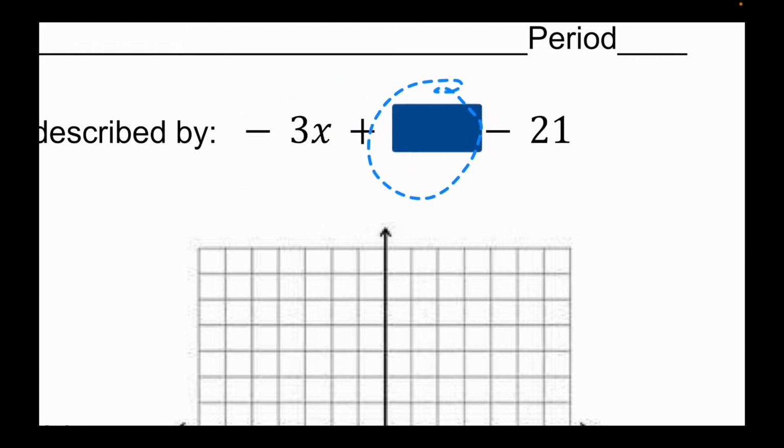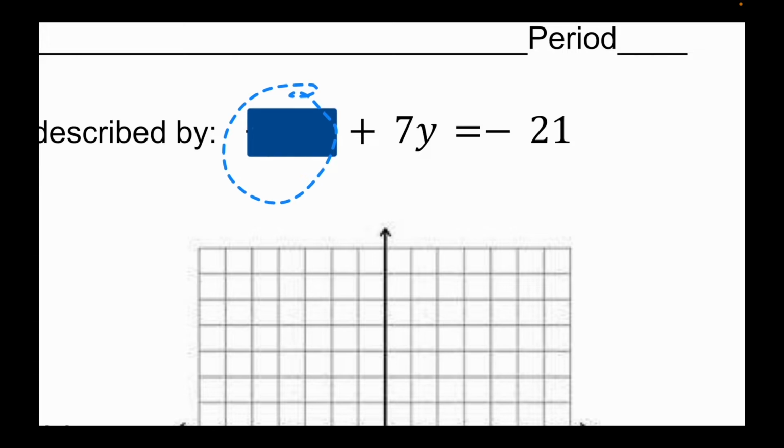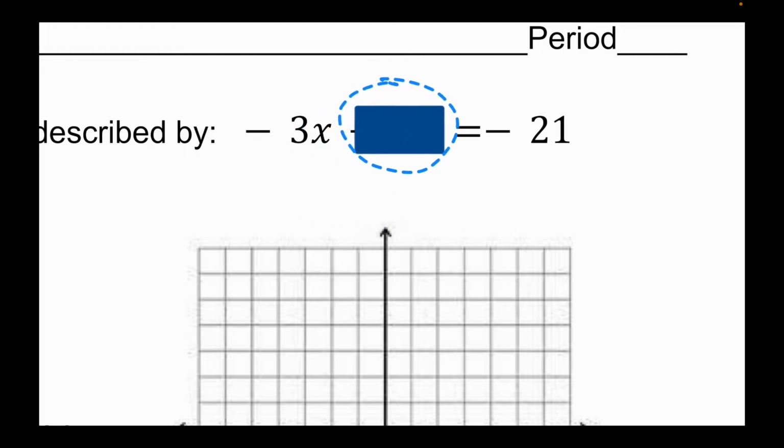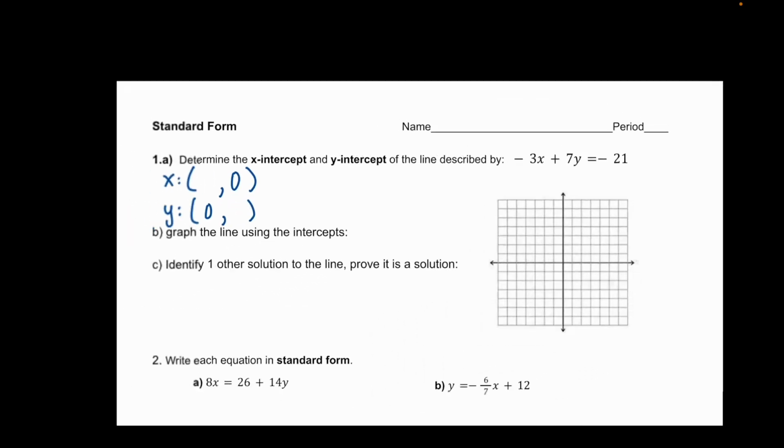So if you hear me refer to it as the cover-up method, it's because I am literally covering one piece up to solve what remains. We just want to make sure that we don't cover up the sign that's in front of it, because that positive is important for the 7 and the negative is important for the 3x. So we are covering up the sign entirely to solve these. So plugging in 0 is effectively what we're doing for our cover-up method.